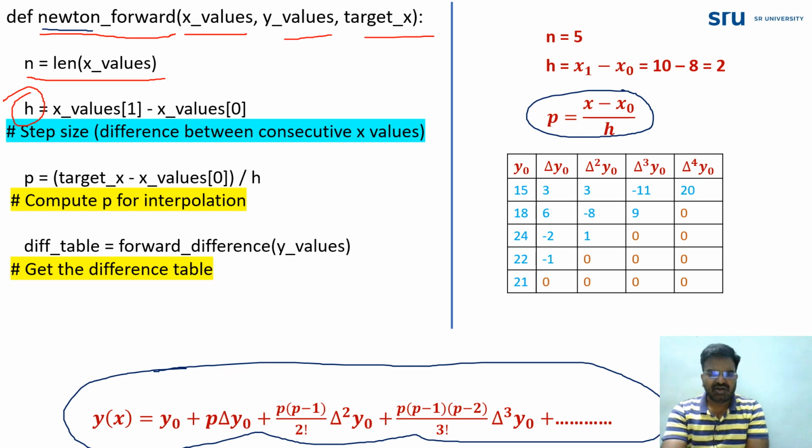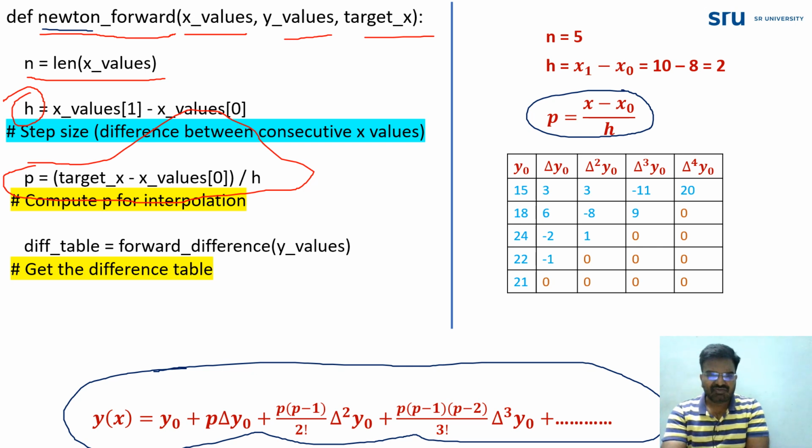Next, we have to insert the variable p. Already we know what is p here, x minus x0 by h. This is p. Okay. Next, see, already we generated the forward difference table. Now we are calling that forward difference table here because we have to substitute the forward differences in Newton's forward interpolation formula.